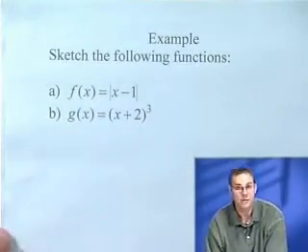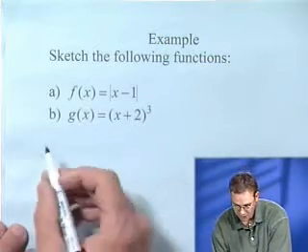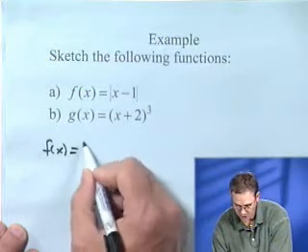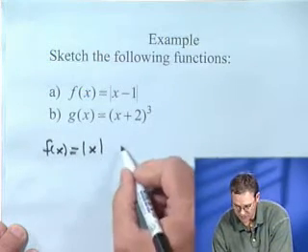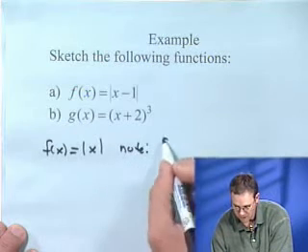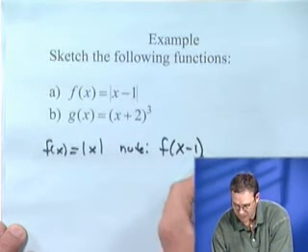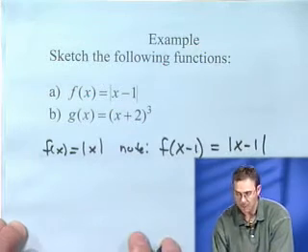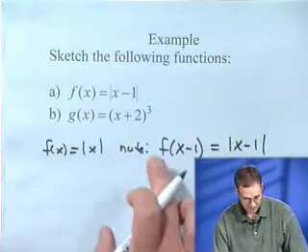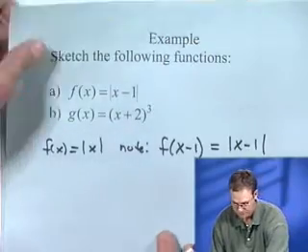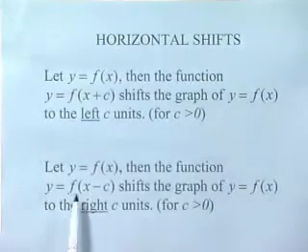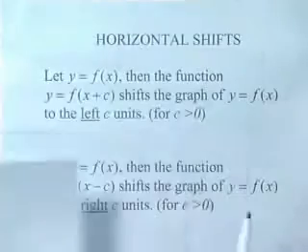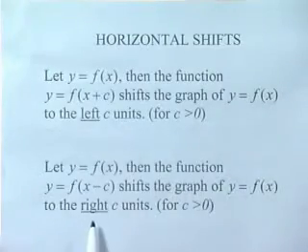We want to sketch the following functions. First, let's look at f of x equals absolute value of x. Notice that f of x minus 1 is absolute value of x minus 1. What does this do? If we look at our rule, f of x minus c, f of x minus 1 in this case, is going to shift the graph to the right c units.